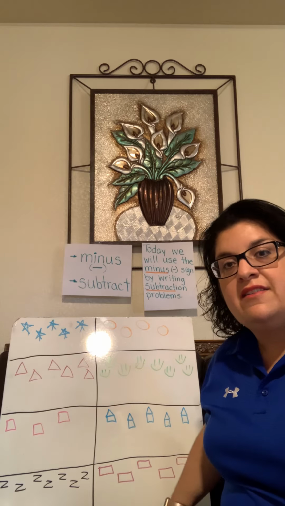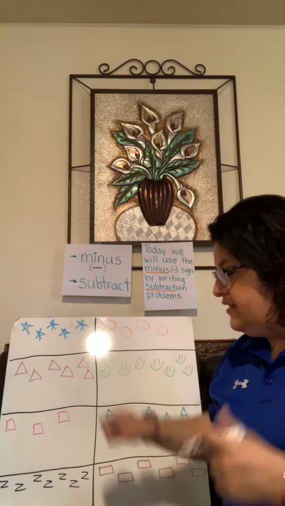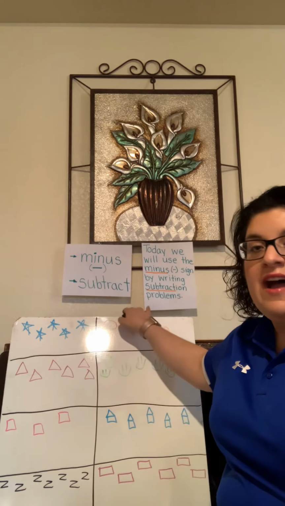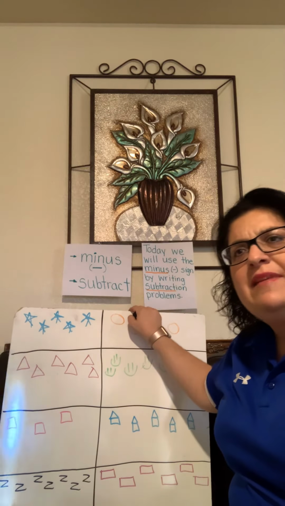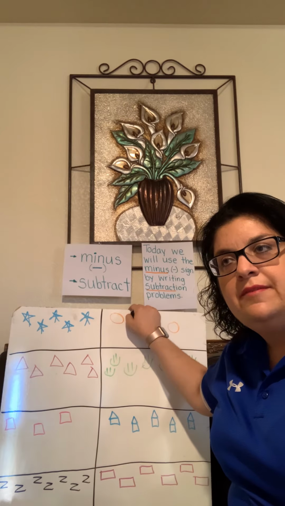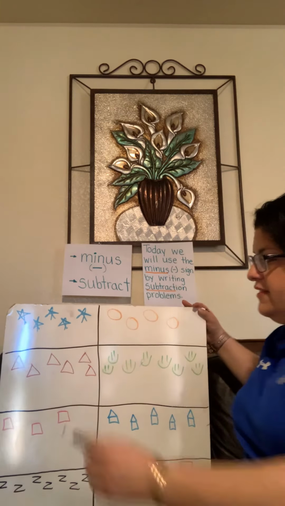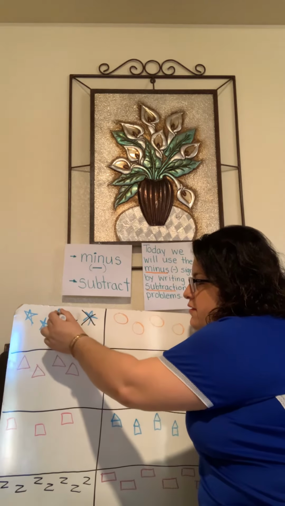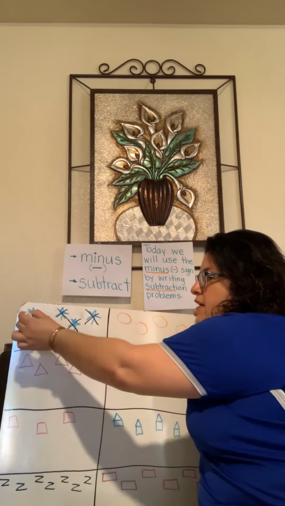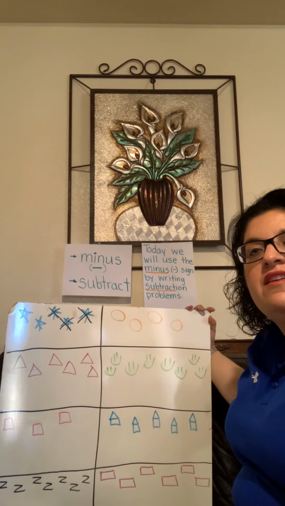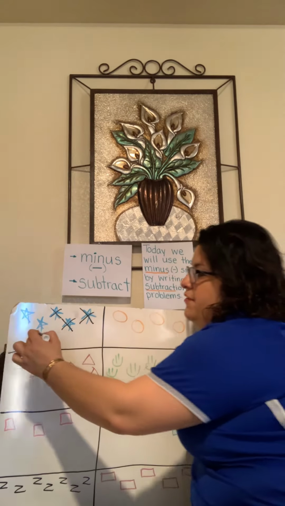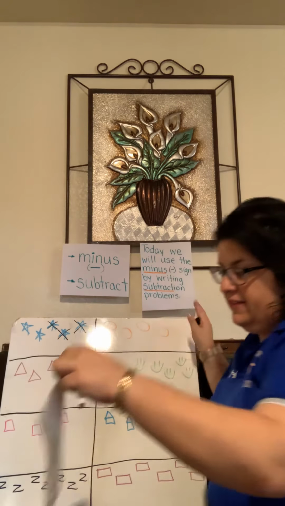How many stars are left? So I have 1, 2, 3, 4, 5 stars. How many stars disappeared? Yes, 3 stars. So I'm going to X 1, 2, 3. So how many stars did we start off with? We started off with 5 stars.